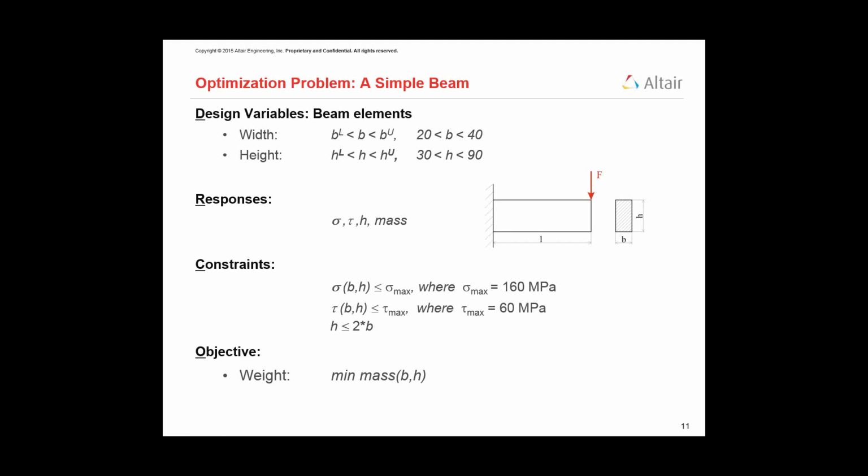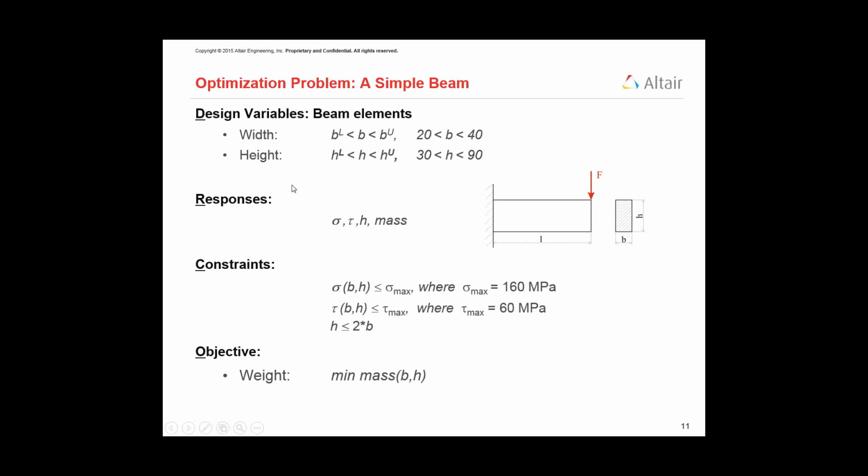And now we begin to define the information necessary for the optimization. So in this case, we establish our design variables. Our design variables are the things that we can change. And what can we change? Well, we can change the base of the part, such that the base will be somewhere between 20 and 40, I would assume, millimeters. We can change the height of the part so that the height will be somewhere between 30 and 90 millimeters. Then we establish our responses.